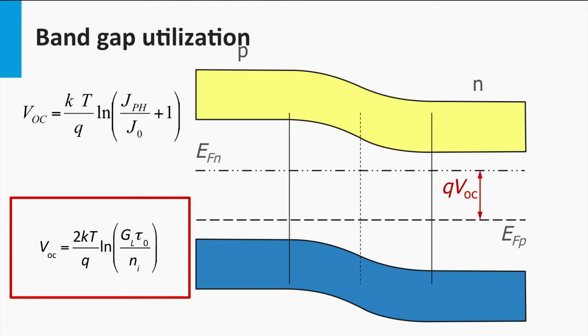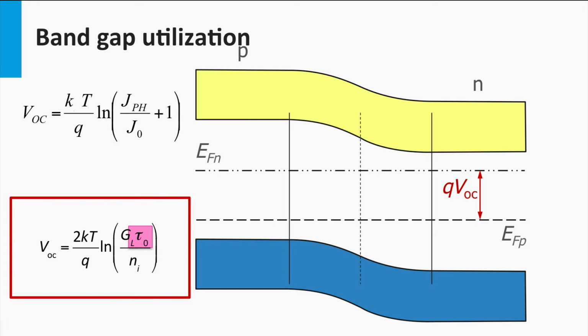The equation tells us 2 important aspects of the open circuit voltage. If we increase the irradiance, or in other words, the generation rate of charge carriers, the open circuit voltage is increased. This is a welcome effect which is utilized in concentrator photovoltaics, which we will discuss later in this course.